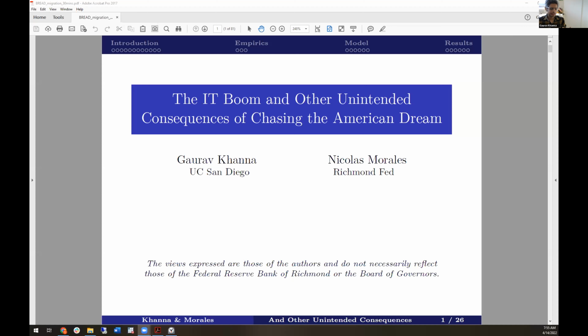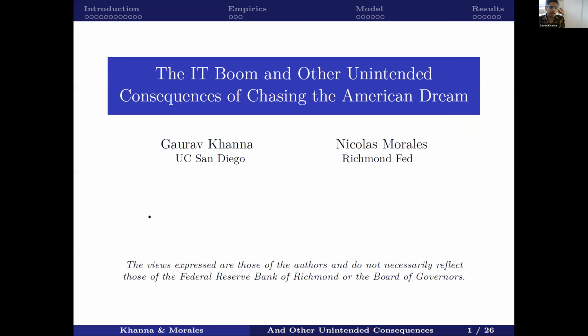This is great for me to pick up from where Dean nicely teed me up. I'm going to talk about a slightly different aspect of migration. I'm really going to focus on high-skill migration, and how it has longer-run developmental impacts in sending countries.